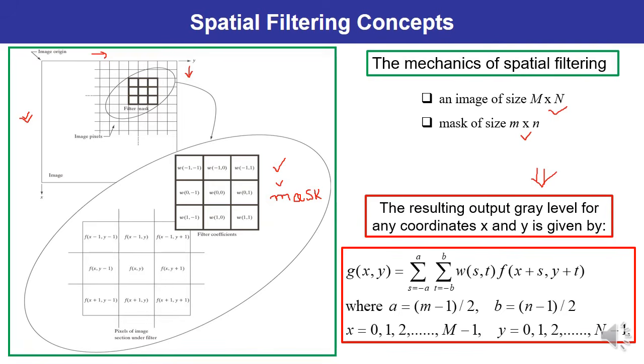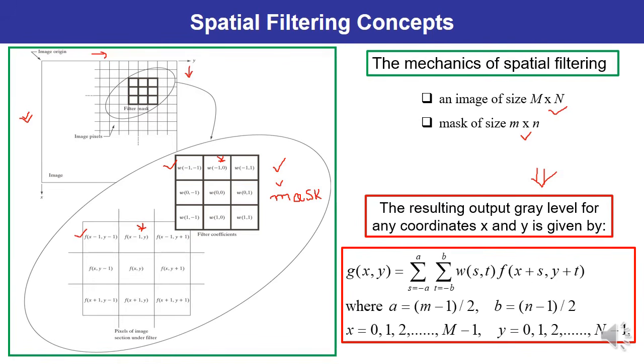It is actually the sum of products of each mask coefficient with the corresponding pixel. This mask coefficient is multiplied with this pixel, that coefficient with that pixel, and similarly the whole operation is carried out.